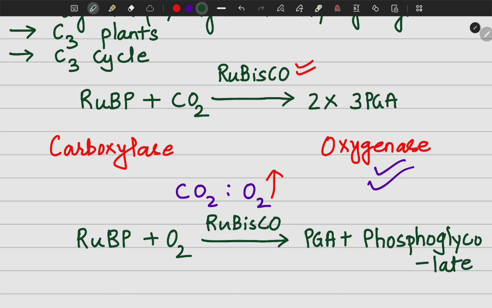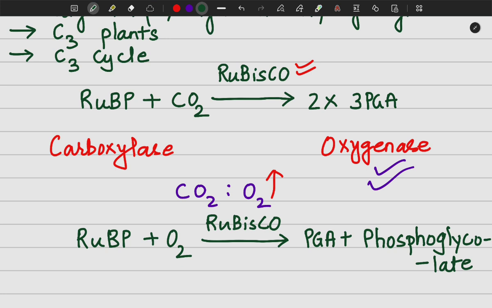So besides 1 molecule of phosphoglyceric acid, another molecule of phosphoglycolate is formed in case of photorespiration, and there will be no fixation of carbon dioxide.